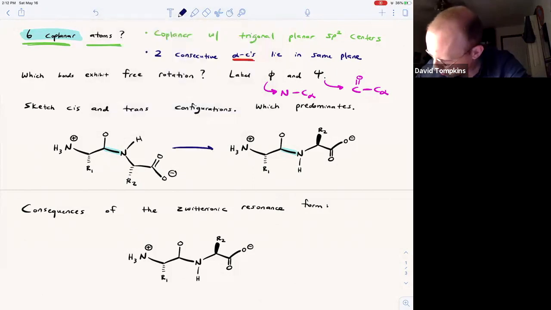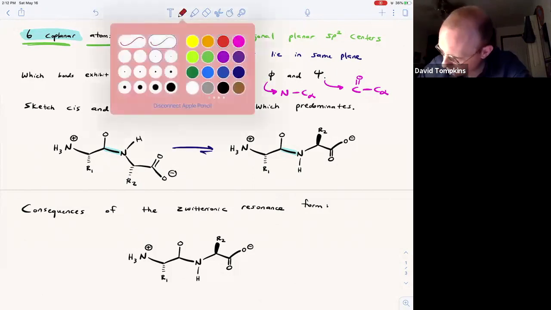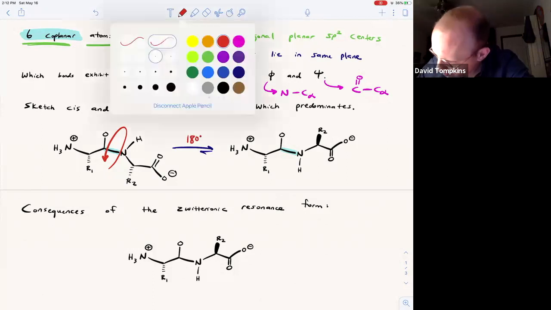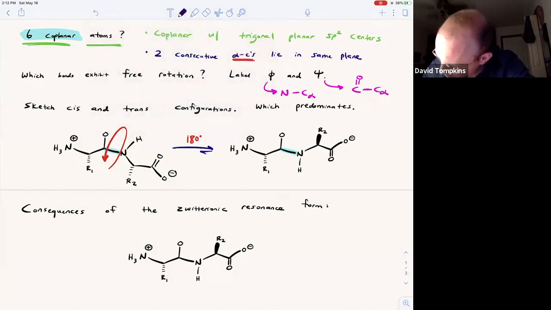And if you were to simply take this and think about rotating that bond 180 degrees, then it would go to another conformation. And let me just show here that we have double bond character.